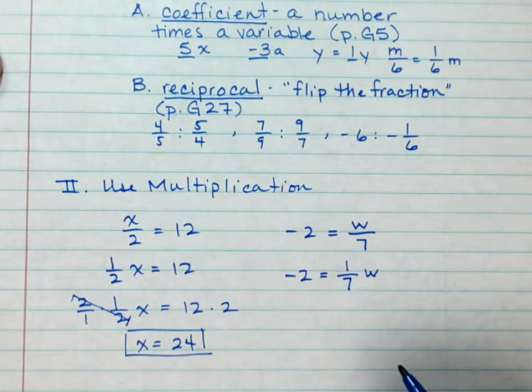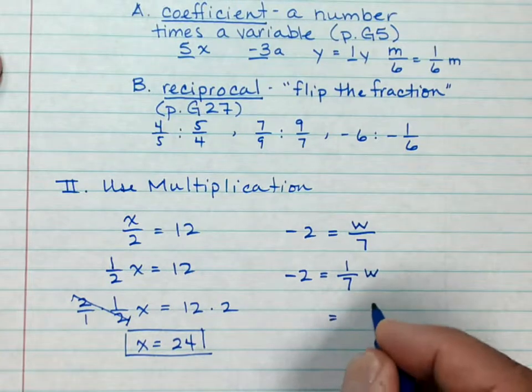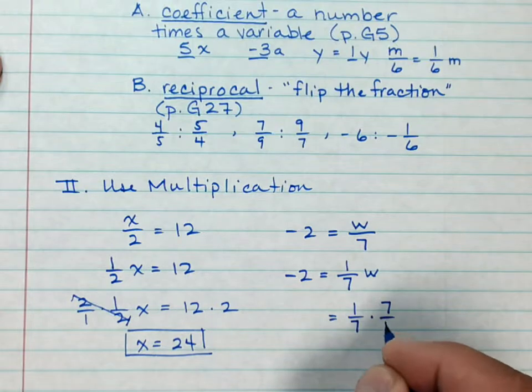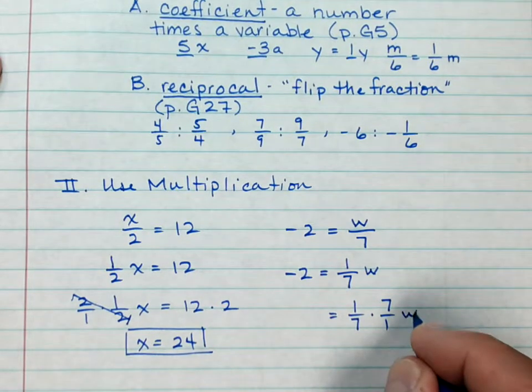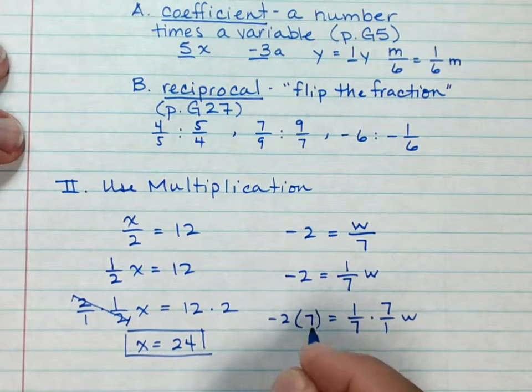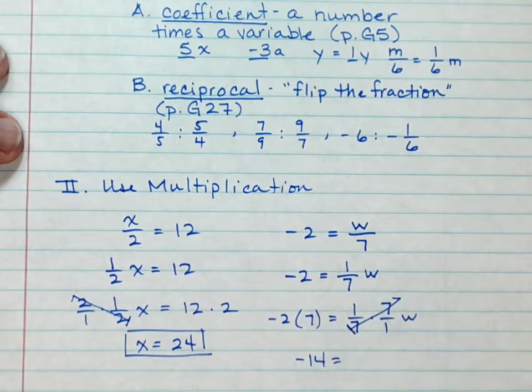Now you're asking yourself what the reciprocal is for 1 over 7. I'm going to focus on that left side first. So it's 1 over 7 times the reciprocal. Don't forget your w. And then over here it's going to be negative 2 times 7. The product of these two factors is negative 14. And then the product of these two factors, if you simplify it first, is just w.